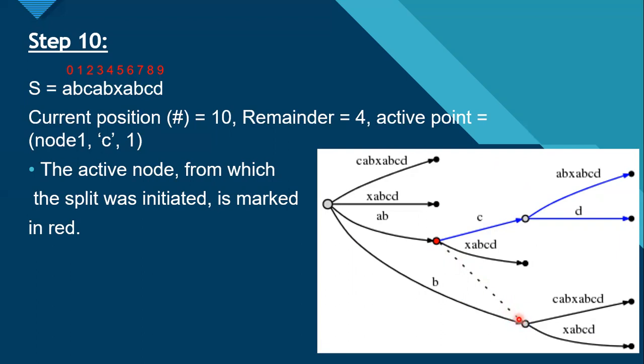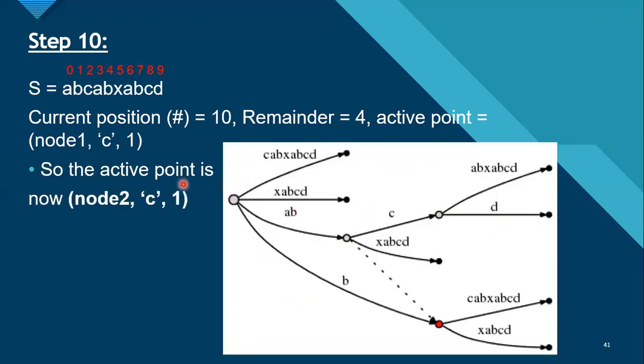If we didn't have a suffix link, we would just have set the active node to be the root node. And in both cases, we don't change anything about the active edge or the active length. So now after applying rule 3, we have this active point as node 2, C1. And this is what I'm mentioning as node 2, this one here marked in red.